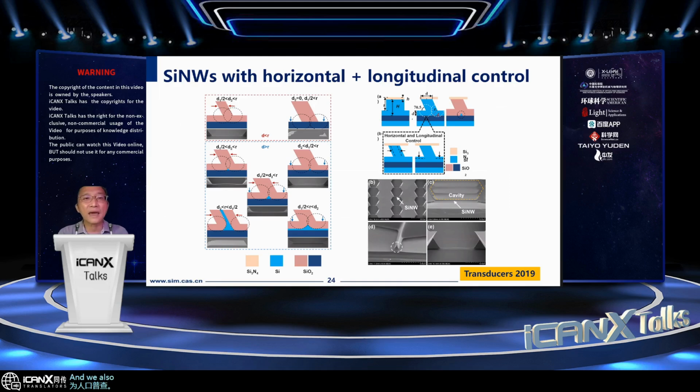And we also can define all these configurations very carefully to have the horizontal and the longitudinal control of this silicon nanowire. You can find that just now we have the silicon nanowire on the top surface of the wafer, and then we can have the silicon nanowire at the bottom of the SOI wafer.